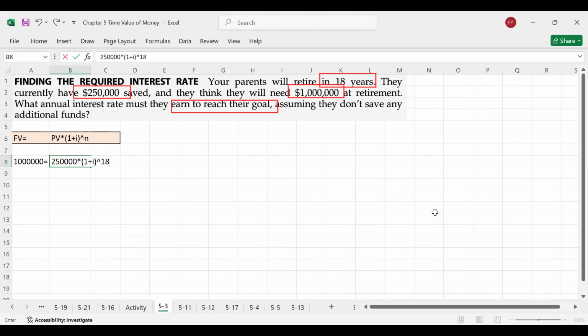In the first step, we just take this $250,000 to the other side. So 1 million divided by 250, and then here we have just 1 plus I raised to power 18.